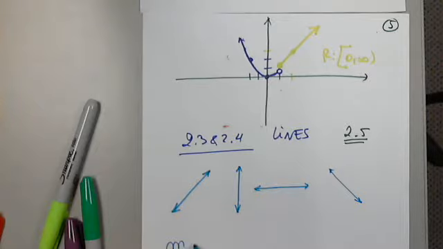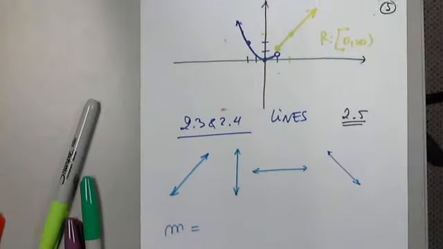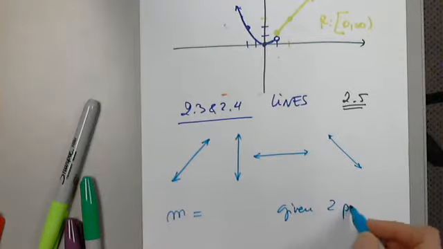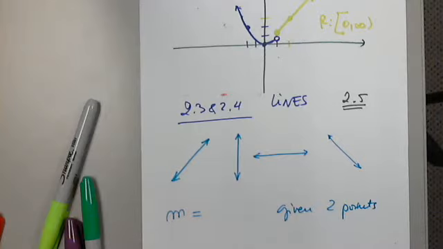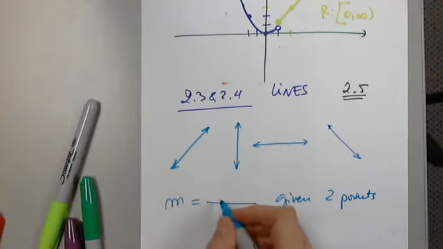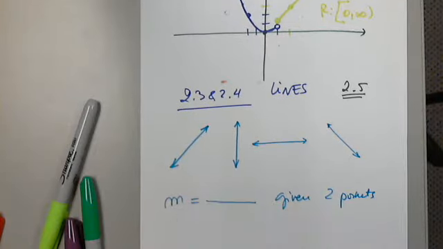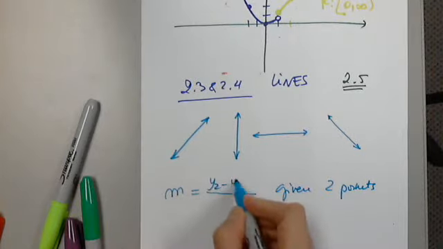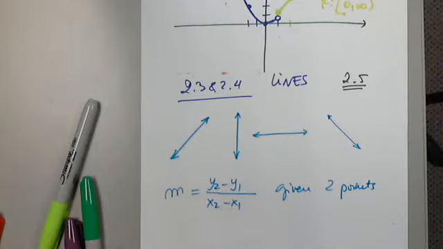Now, does anyone remember what is the definition of the slope of a line given 2 points, or 2 ordered pairs? Anyone remembers? Yes. You're way ahead of me, like always. That's awesome. Yes. Very good.